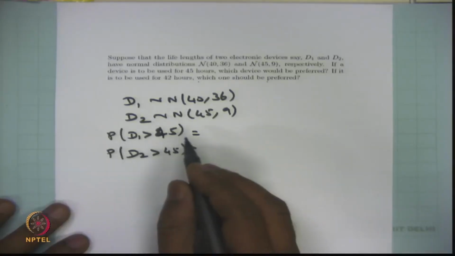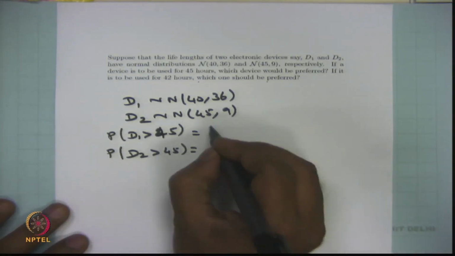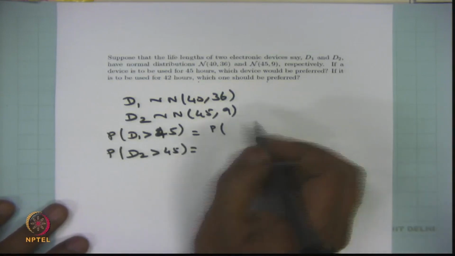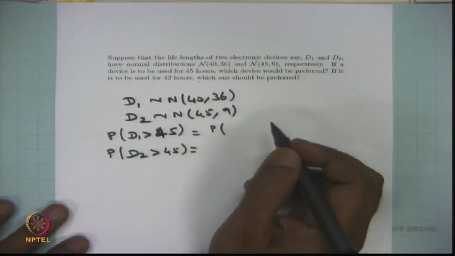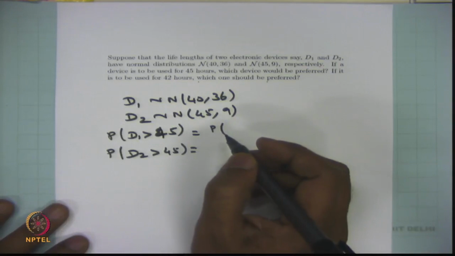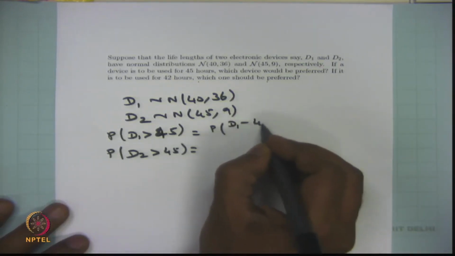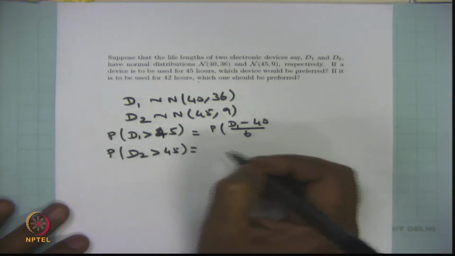Okay, let's find the probability of D1 greater than 45. Whenever you have a problem in the normal distribution, first you have to convert into the standard normal distribution, then use the table to get the numerical value of the probabilities. So, D1 minus mean, which is 40, divided by standard deviation, that is 6.